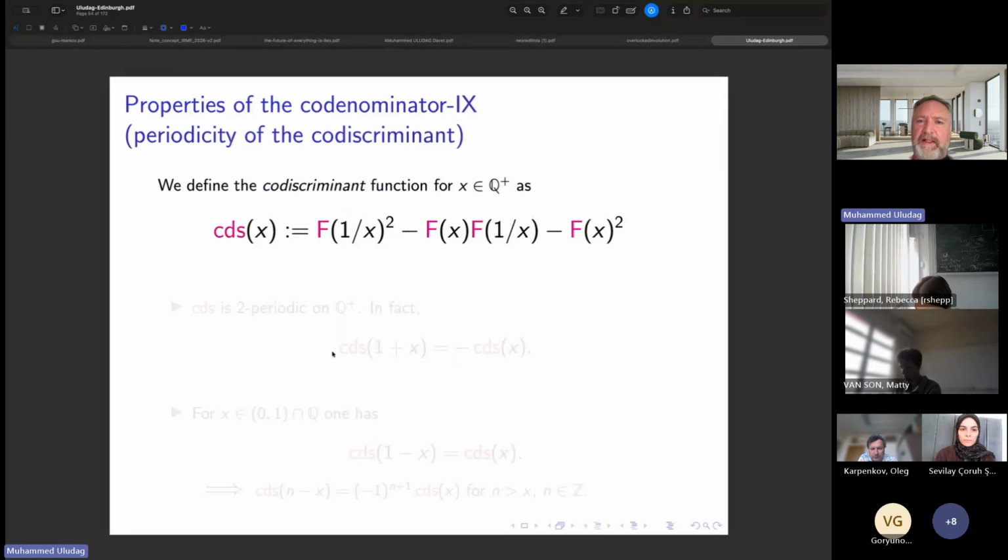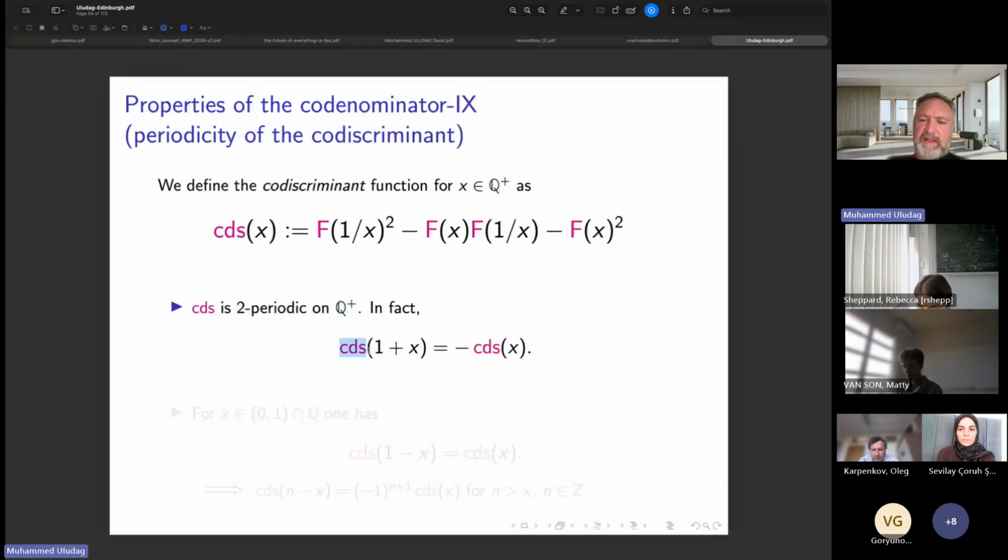Another property: we have a function which I call the codiscriminant. It is defined as f of 1 over x squared minus f of x times f of 1 over x minus f of x squared. This function is 2-periodic on the set of rationals.